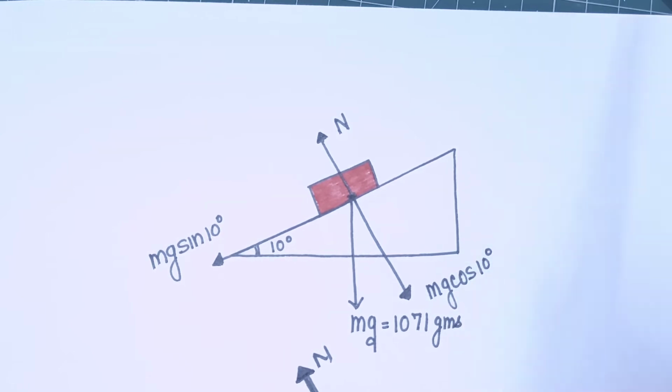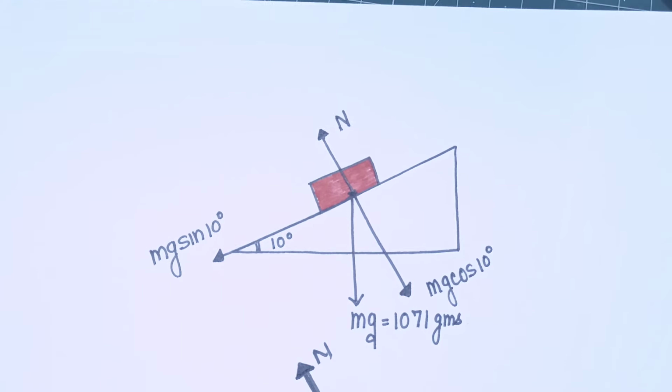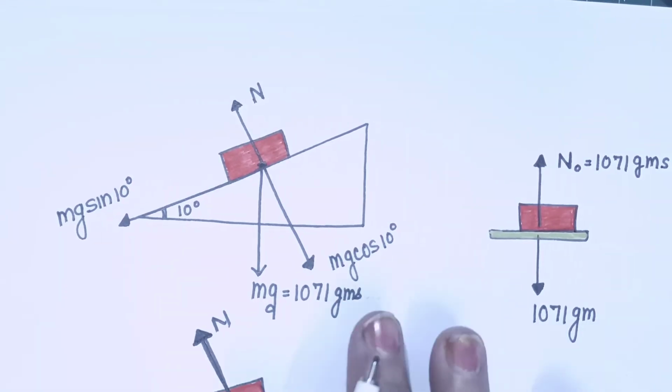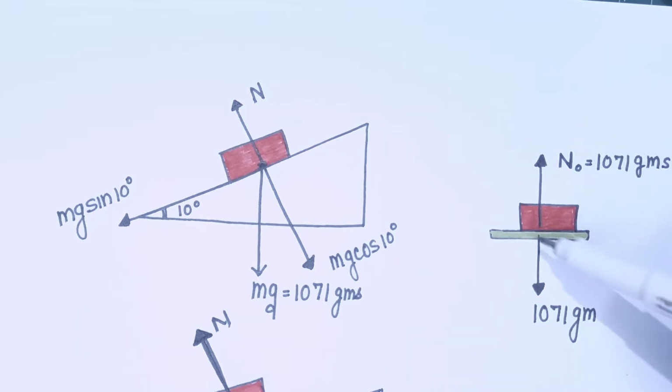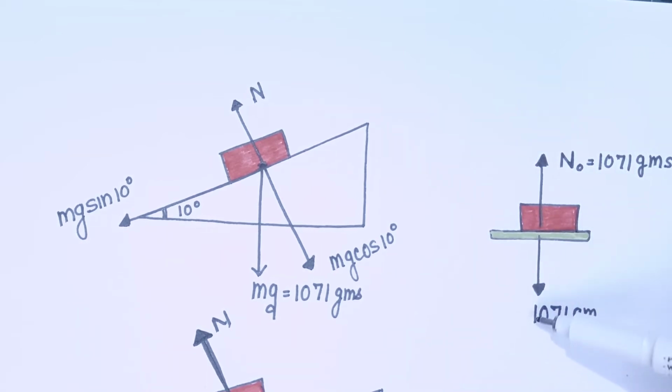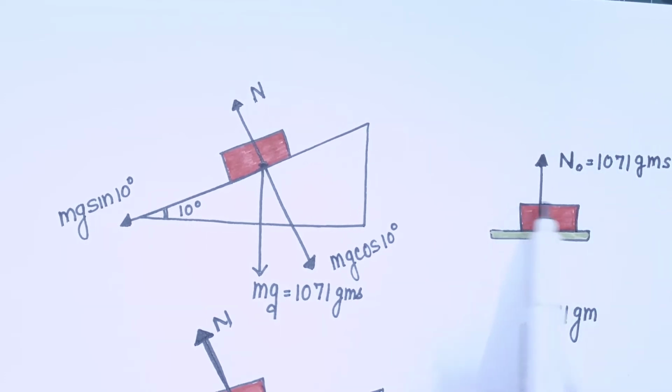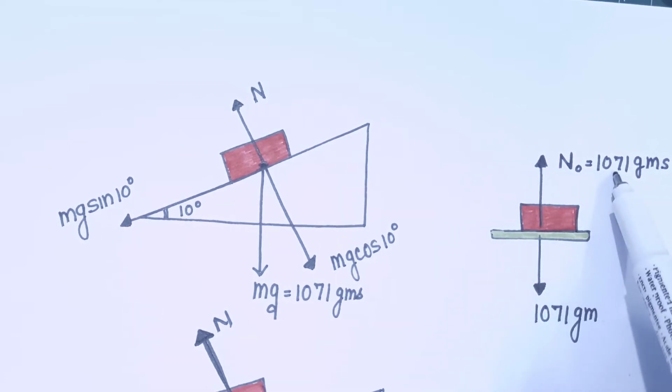So what we did, we first placed the object on the weighing machine when the weighing machine was placed on a horizontal surface. When the weighing machine was on a horizontal surface, we got the reading of 1071 grams, and we can easily understand that the block is exerting force on the weighing machine equal to 1071 grams, which is reacted by the weighing machine with the normal reaction force.